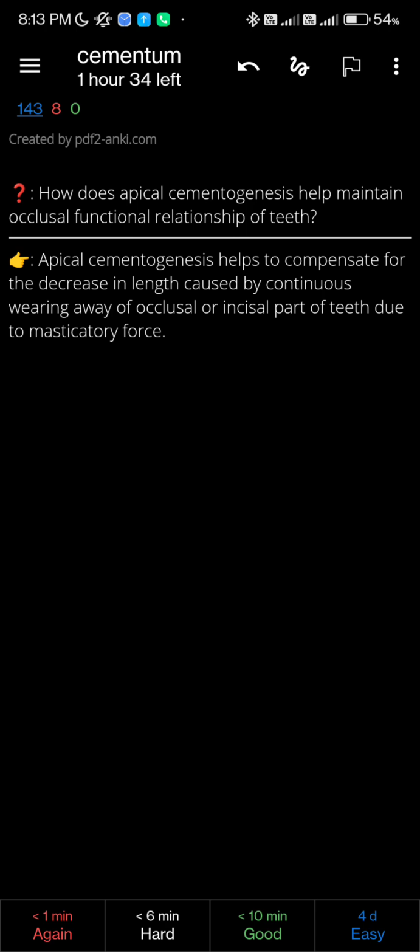That is the significance of apical cementogenesis in maintaining the occlusal functional relationship of tooth.